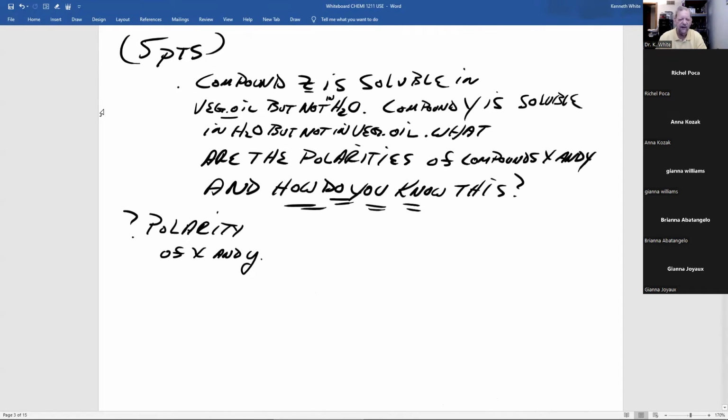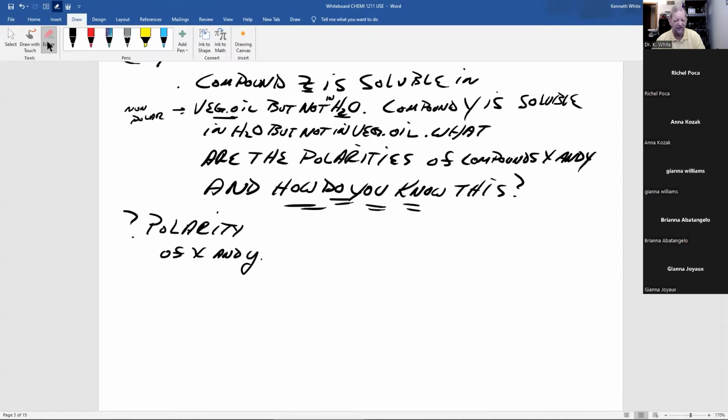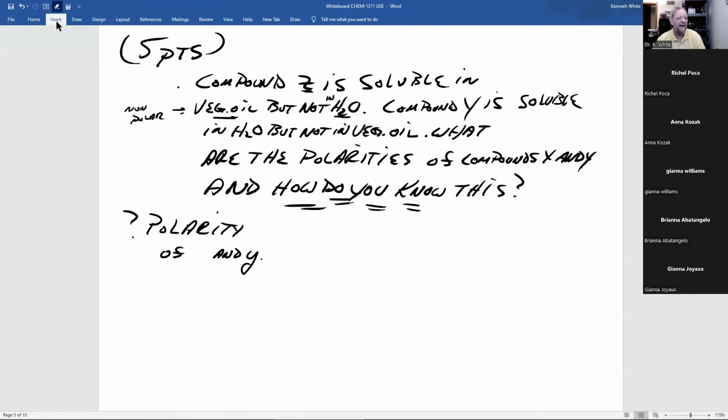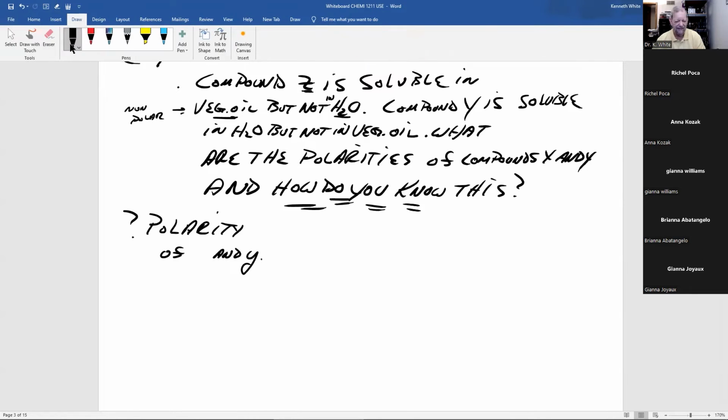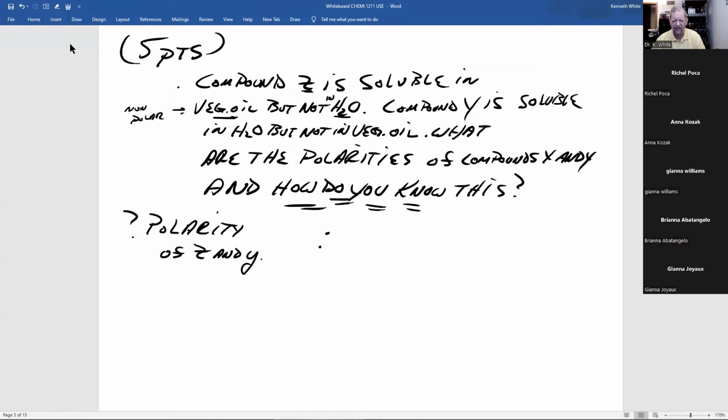And therefore, since compound Z is soluble in vegetable oil, but not water, and vegetable oil is nonpolar, therefore, three dots means in math, therefore, Z is nonpolar.